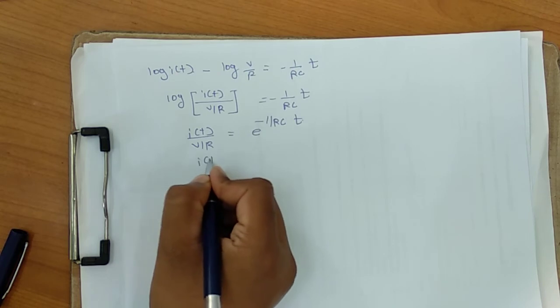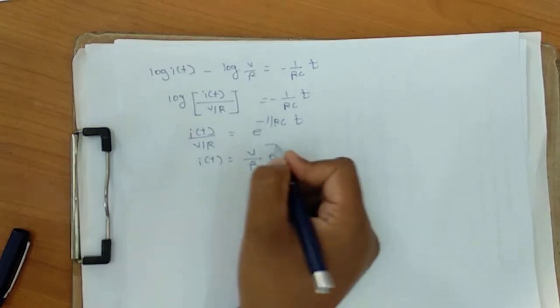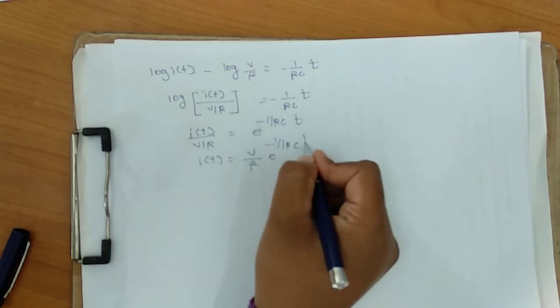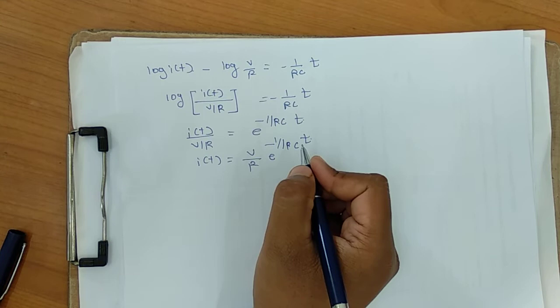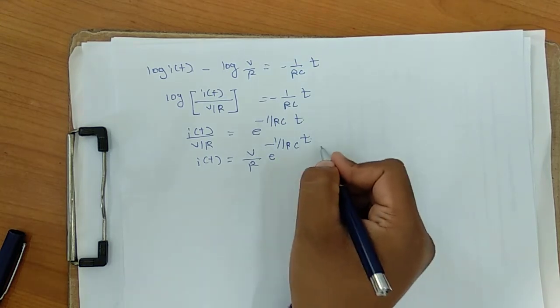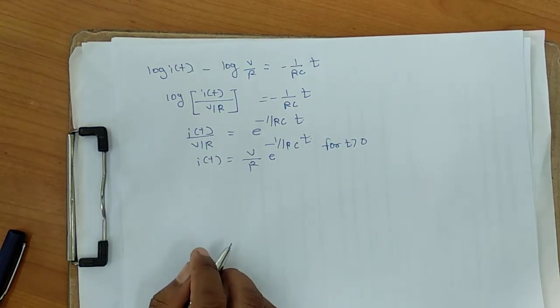So I of t is equal to V by R e raised to minus 1 by RC into t, for t greater than 0.